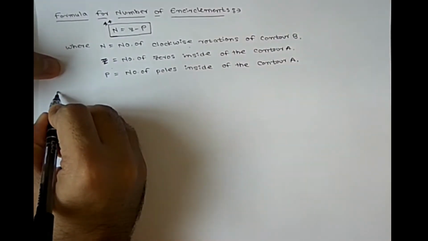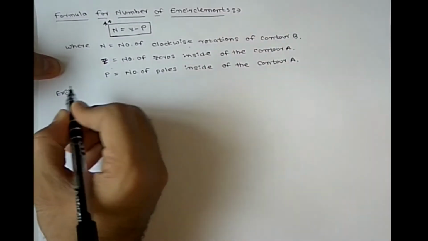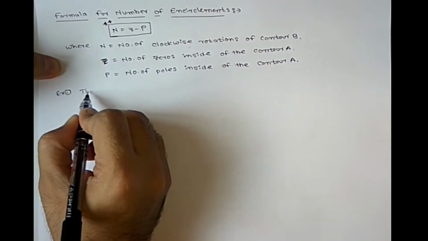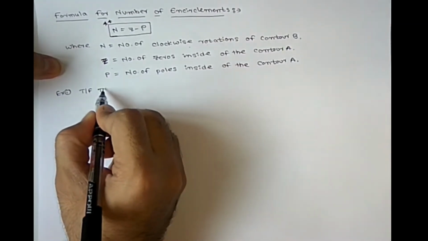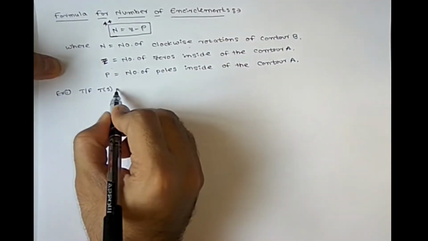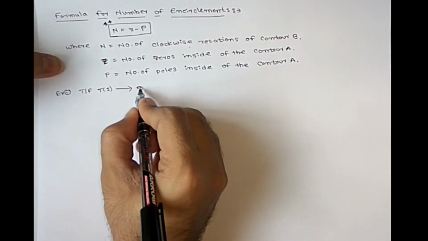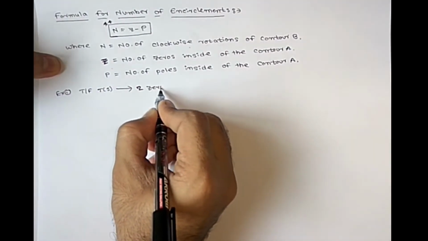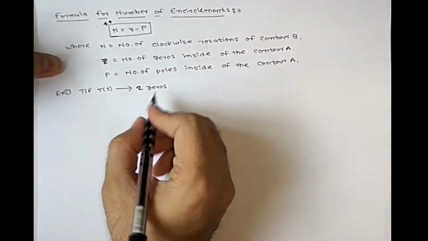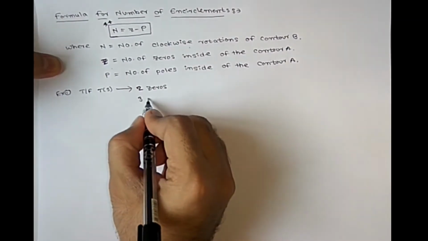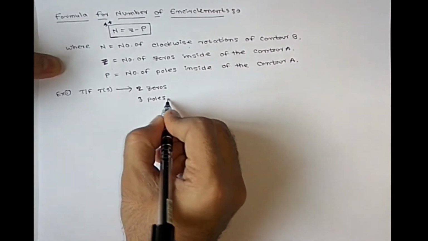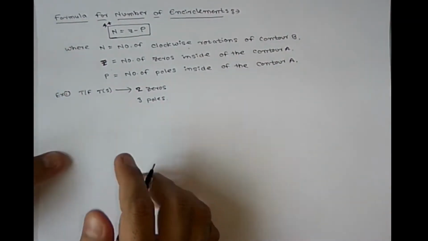I will take one example. Suppose I have a transfer function, that is T of S. Assume this has two zeros and three poles.